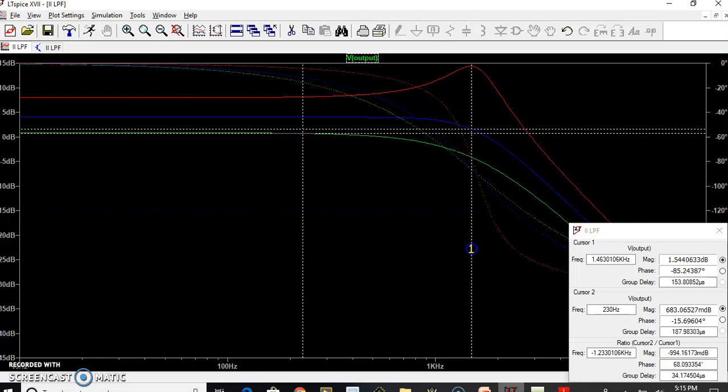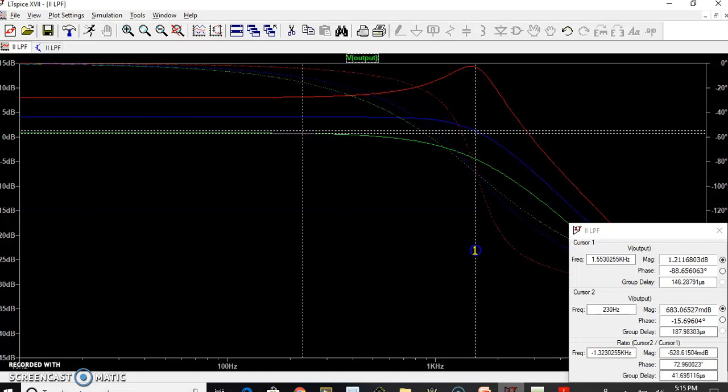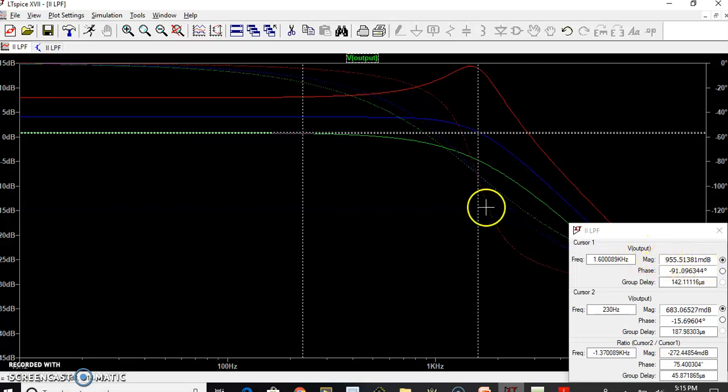Now you are close to that 1 dB point, very close to 1 dB, almost 0.955 dB. This corresponds to a 3 dB difference from the DC point. At that point the frequency is exactly 1.59 kHz or 1.6 kHz. This shows that this has a maximally flat response.